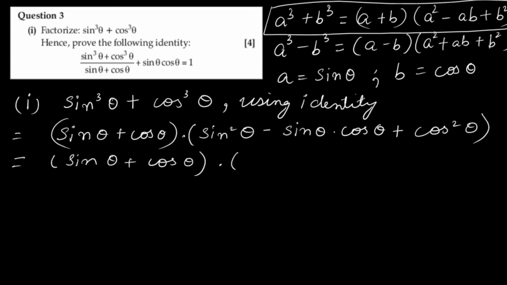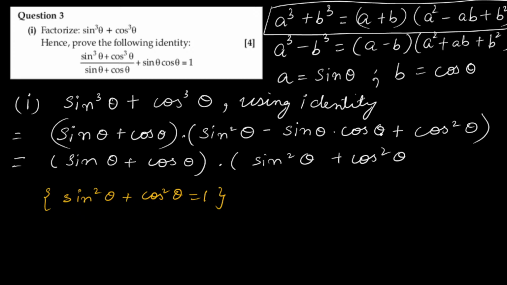Yes, square relation, Jayashree has mentioned. The square relation we can use here. So we know sine square theta plus cos square theta is equal to 1. So I'll just write them together. So sine square theta, I can write it as sine square theta plus cos square theta together, because plus is commutative.